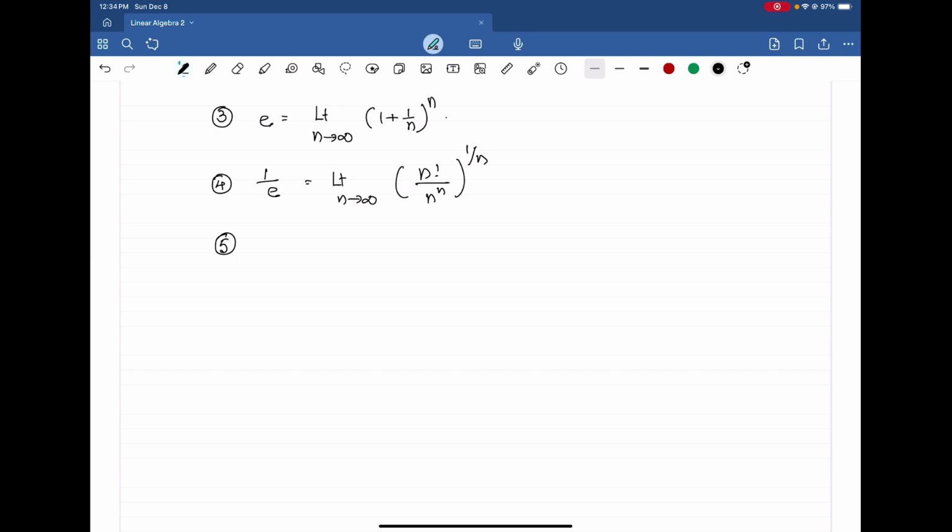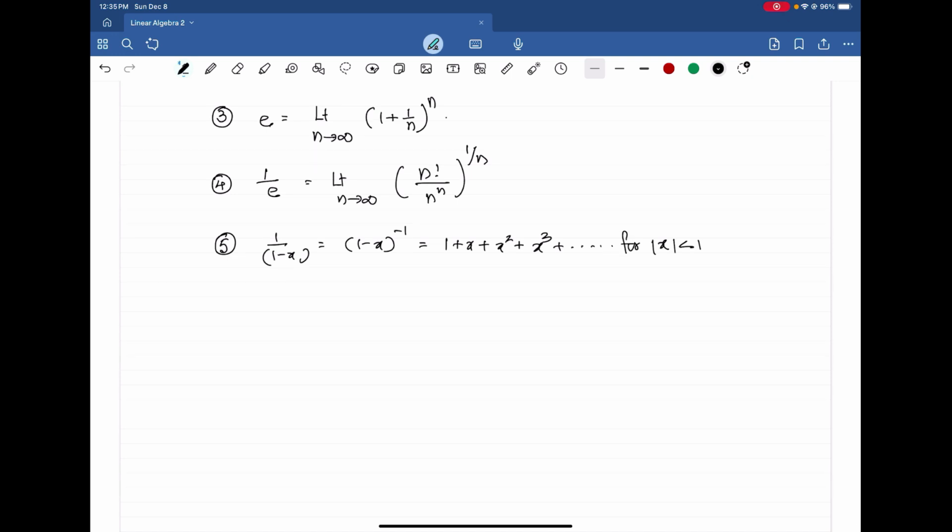Next is 1 by 1 minus x, that is equal to 1 minus x to the power of minus 1. This is 1 plus x plus x square plus x cube up to infinity, provided absolute x is less than 1.